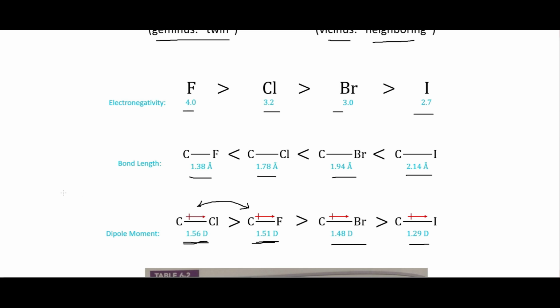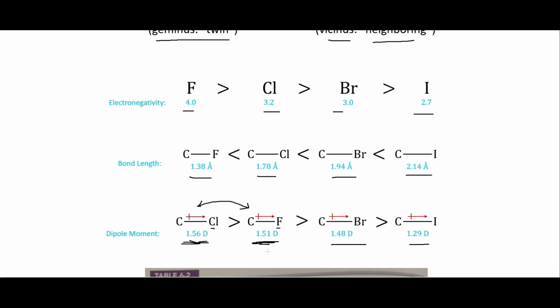And so between these two, the difference in bond length somewhat overcomes the difference in the electronegativity, where the fluorine is more electronegative than the chlorine, but the bond length between carbon and chlorine is greater than between carbon and fluorine.